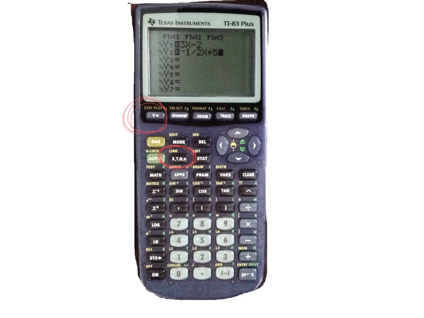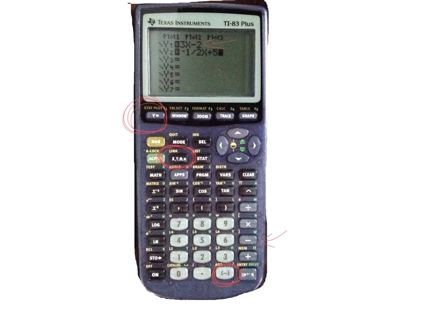And so we put in 3x minus 2, and then we go down to y2 and we put in negative 1/2 x plus 5. The negative is this little minus at the bottom of the calculator. The minus on the side is for subtraction, but the little minus at the bottom is for negative numbers. Many times an error results because we get those two mixed up.